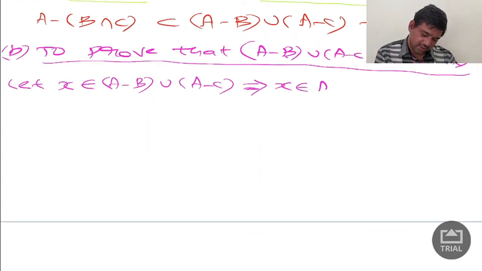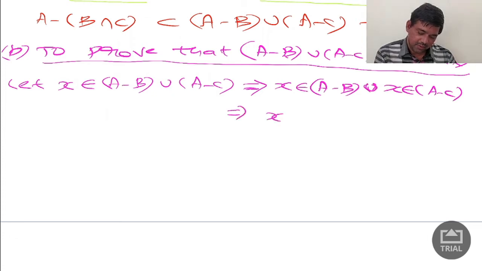So we can write this: x belongs to a minus b union, and x belongs to a minus c. Okay.